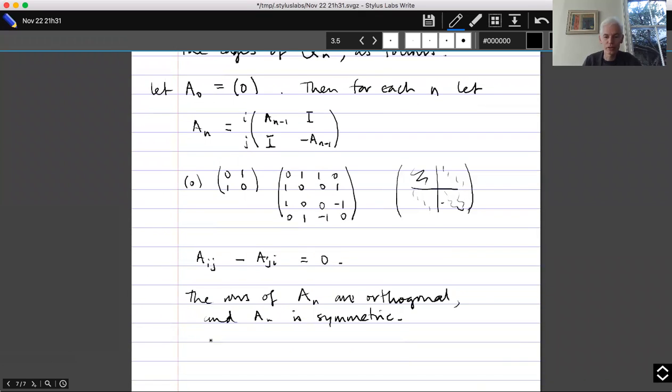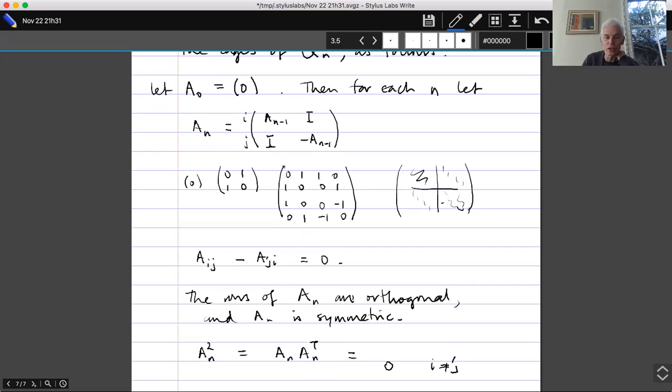From that we get that AN squared is AN times AN transpose, and AN transpose evaluated at ij is the inner product of the ith row with the jth row. And because the rows are orthogonal, that's going to give us 0 if i doesn't equal j.